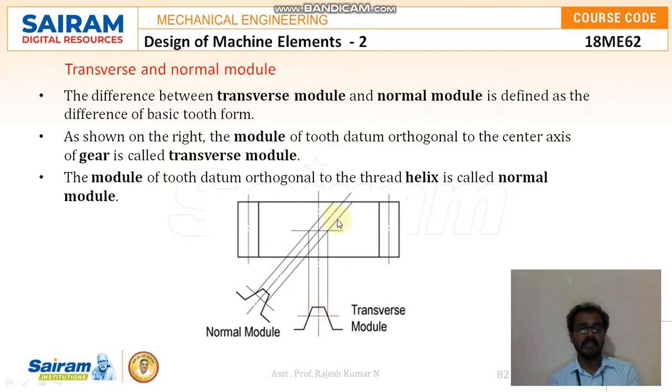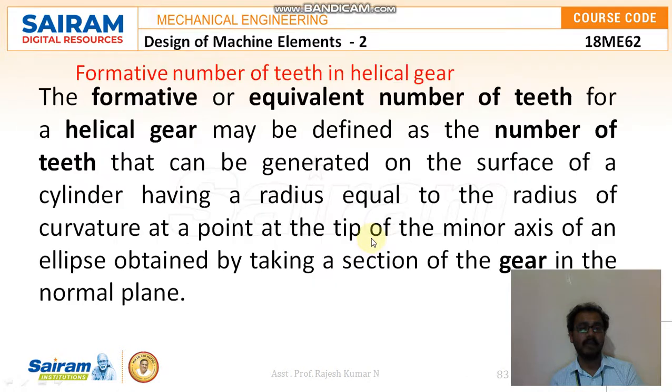If you can't understand the definition, at least if you look at the sketch, you can understand. I have shown the teeth here for your understanding. This is the transverse module and this is the normal module.